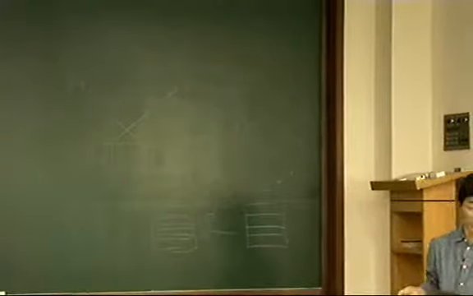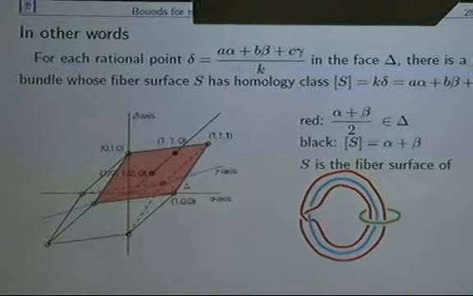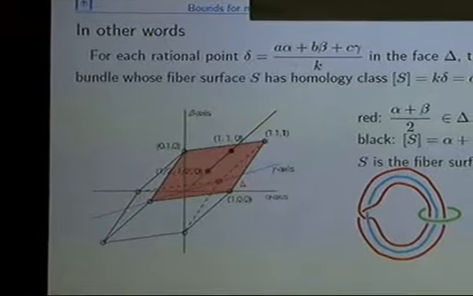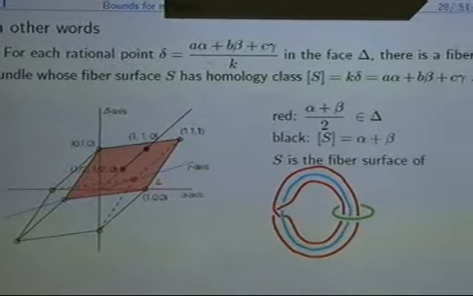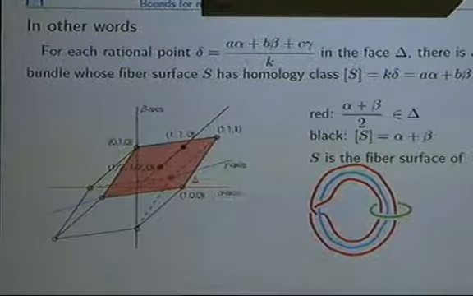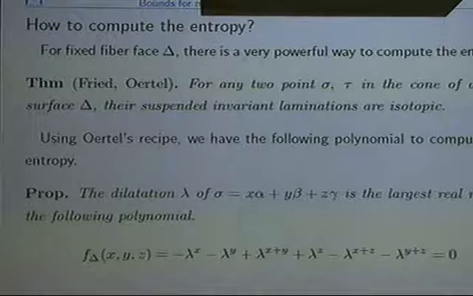So that's very good, because we have a three-dimensional picture, and if we want to compute entropy, we have to draw the four-dimensional picture. But if we restrict to this two-dimensional part, we can draw the picture.